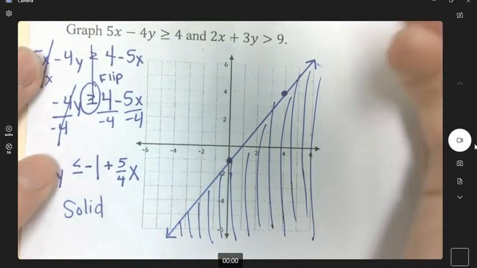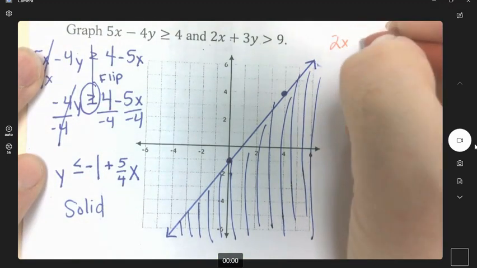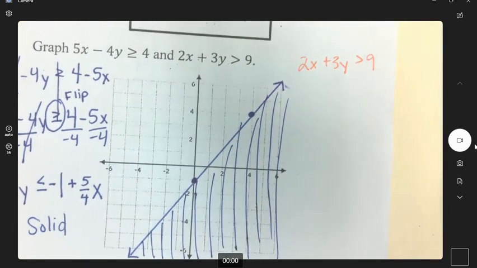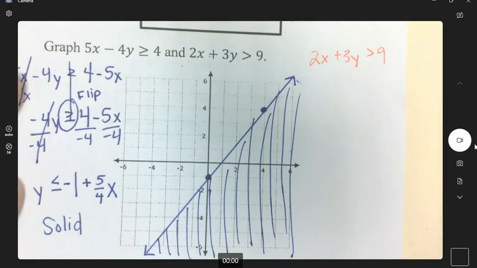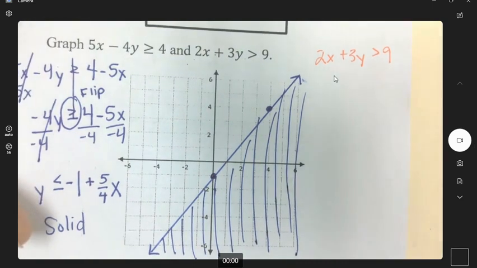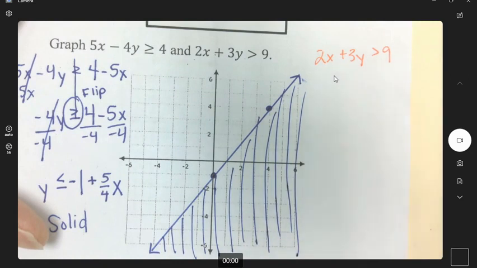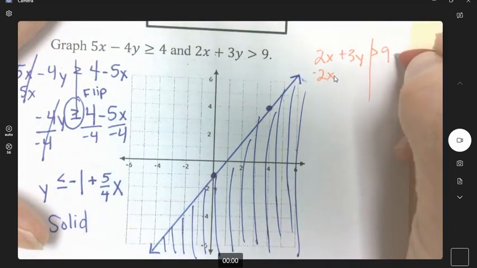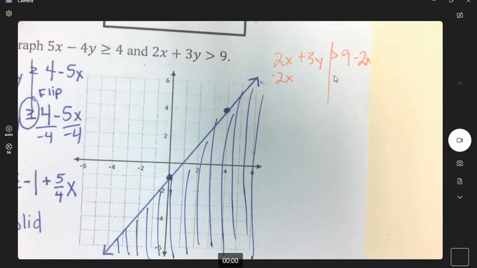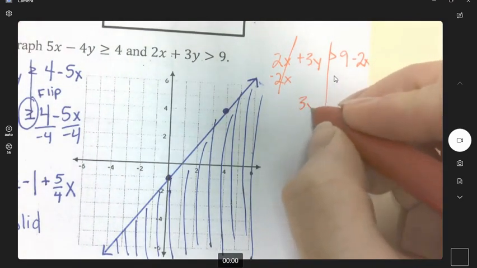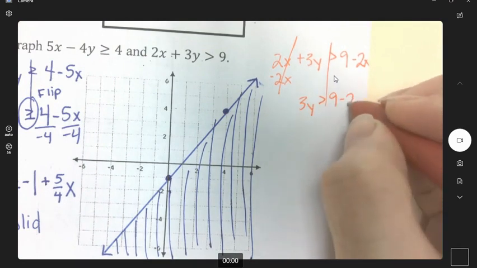Now let's do the other one: 2x plus 3y is greater than 9. So we subtract the 2x on both sides and then divide by the 3. We get 3y is greater than 9 minus 2x.